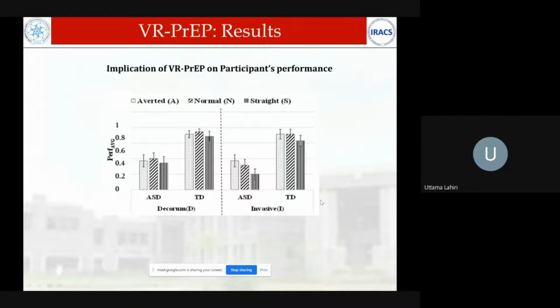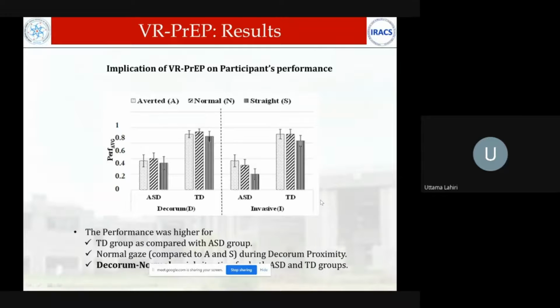But for invasive, things were different because they were trying to blink more and they were not looking towards the stimulus. Also, another interesting thing is that the typically developing children were always performing better, irrespective of whether it's invasive or decorum, compared to the children with autism. The children with autism were about 40 to 45%, or 50%, but the typically developing children were nearly 80%.